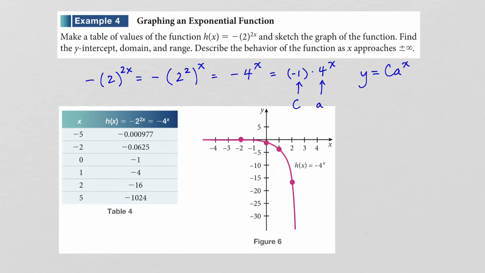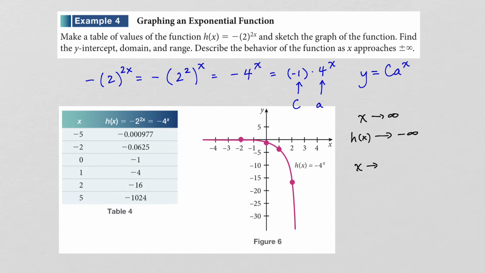So what's happening to the graph as x goes to infinity and as x goes to negative infinity? Well, as x goes to infinity, we're moving this way, we can see that the graph is going down to very large values. And so we're going to say that the function h of x is approaching negative infinity.